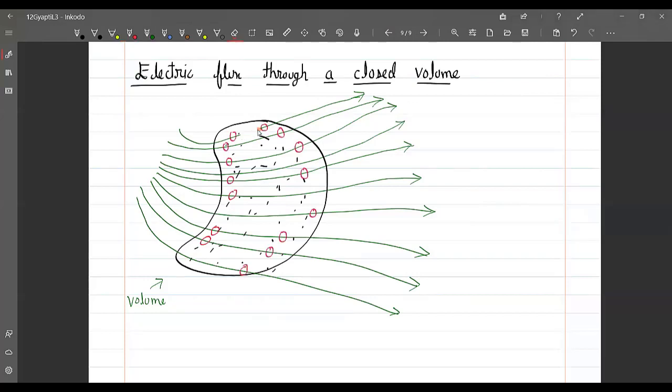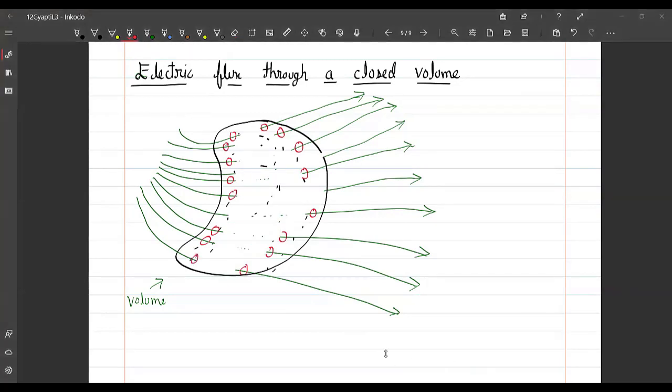Let's say flux is entering here, exiting here. So all this red portion are the points where flux is entering, and this red portion are the points where flux is going out.